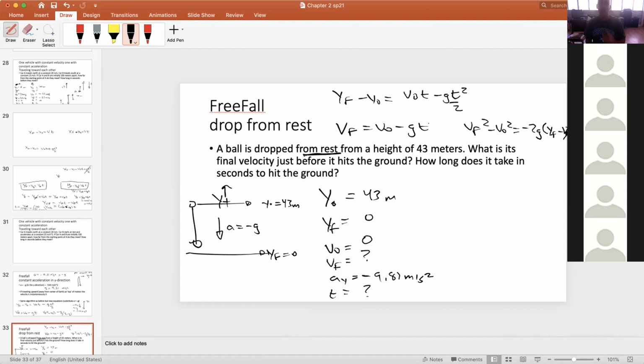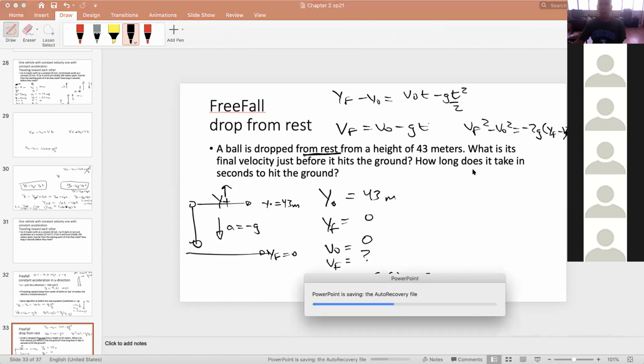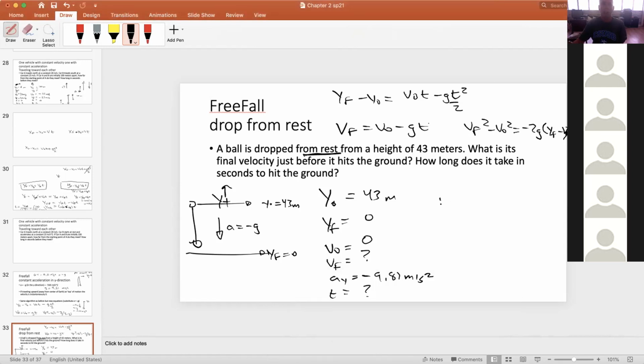These are the same exact equations we had before, and you use them the same exact way, except a is now minus g. So if I want to know the final velocity and I don't know the time, this equation has no time. I know that I started from rest, so V initial is 0.